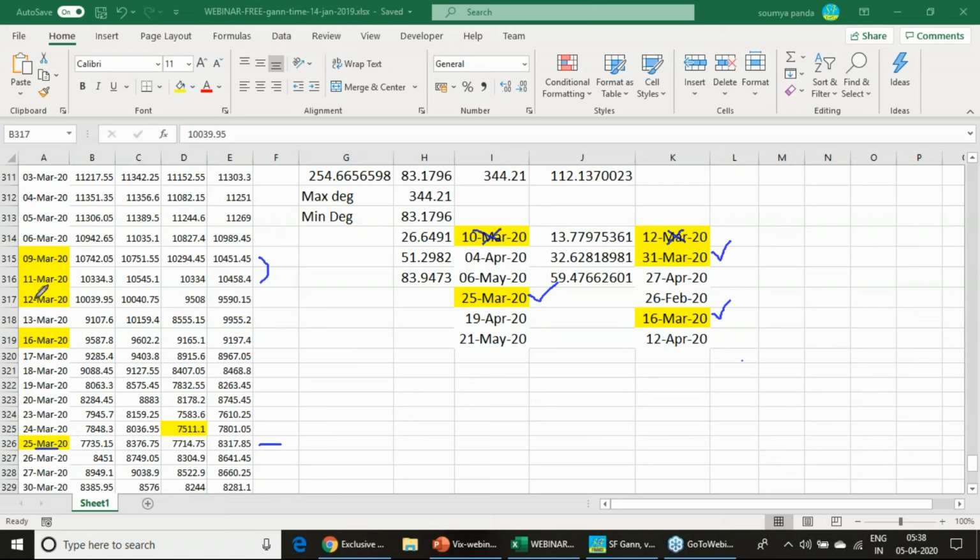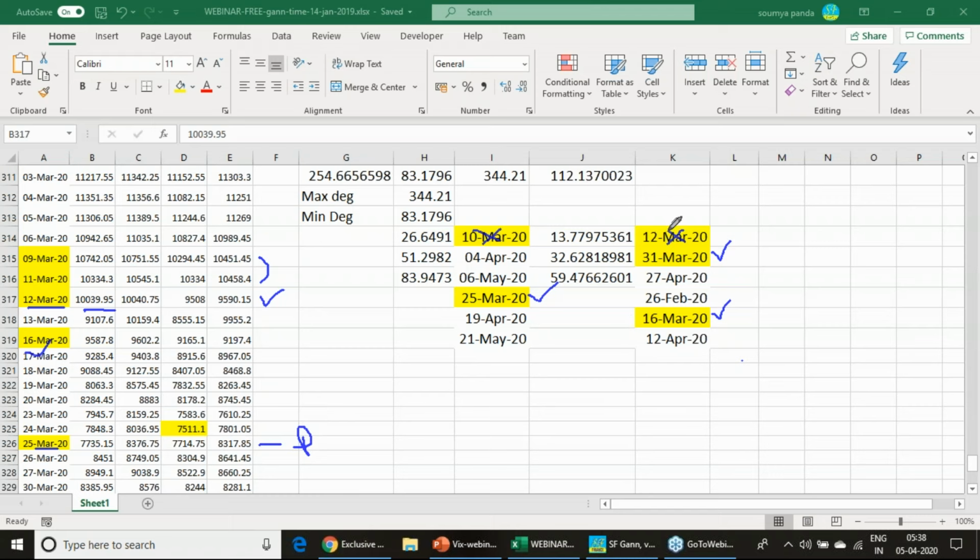So on the 12th we expected negative, and the 12th also worked perfectly, though it is a range-bound day. Looking at the other days on an opening basis, the 16th also worked, the 25th was only a partial day, and the 31st also worked.